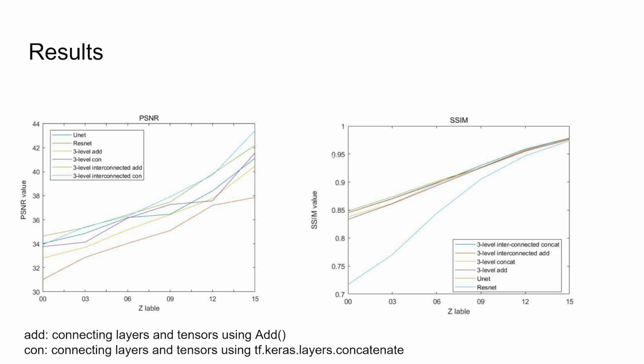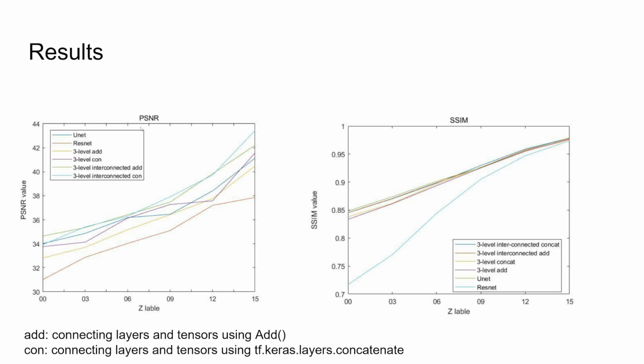And here's a comparison of how well it performs with interconnections, compared with without interconnections. You can see the best two in this PSNR diagram are the 3-level interconnected and the 3-level interconnected concatenate.